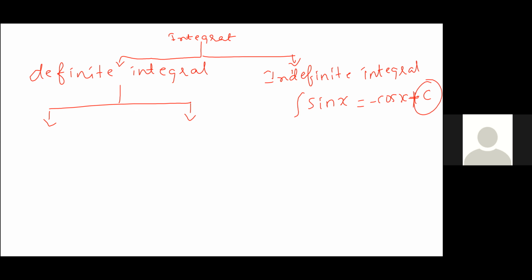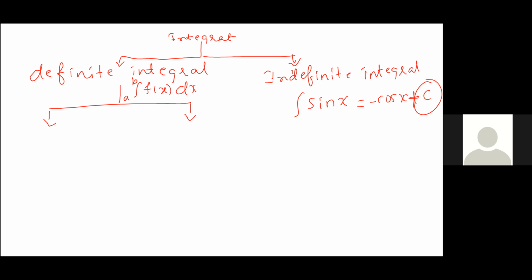Definite integral means you integrate the integrand in between some limits or in some region. So for example, the integration from a to b of f of x dx, right? In between the limits, if you are going to integrate, we call that a definite integral.